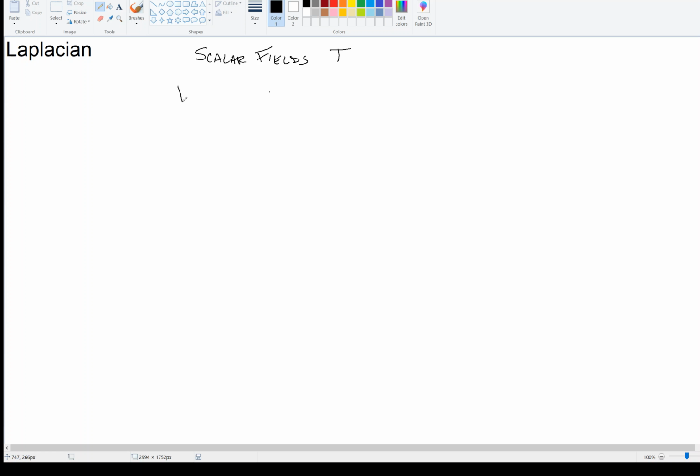So the notation looks like this, del squared, although it's not really a squaring operation, not in the strict sense. We would write del squared T, and we would say the Laplacian of T. And it's defined as the divergence of the gradient. So that would be del dot del T.